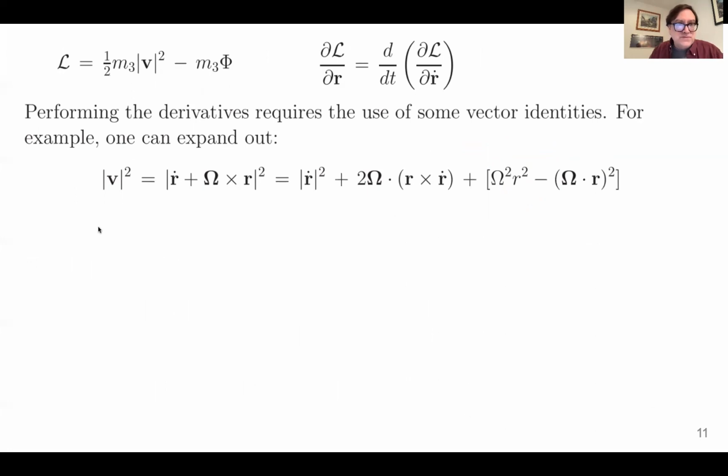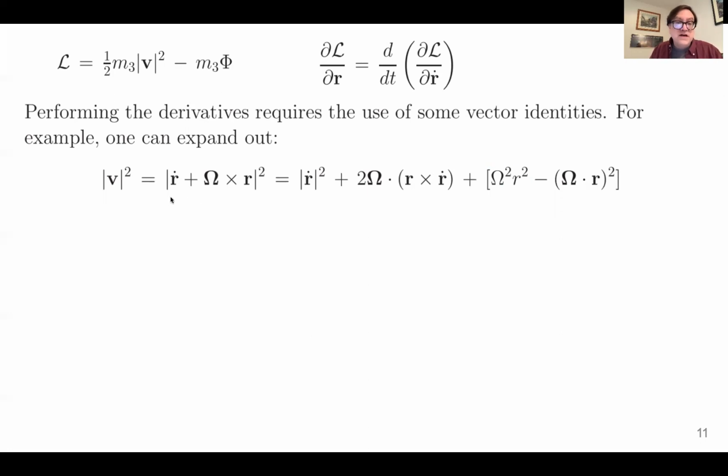At the top, I'm just showing the Lagrangian as we simplified it and the differential equation we want. So we have to actually perform these derivatives of the Lagrangian. And the one thing we have to do is also substitute in this velocity for the two-part component, right?